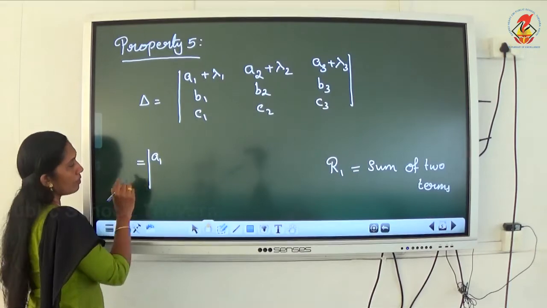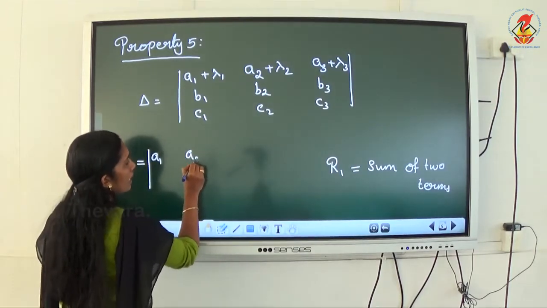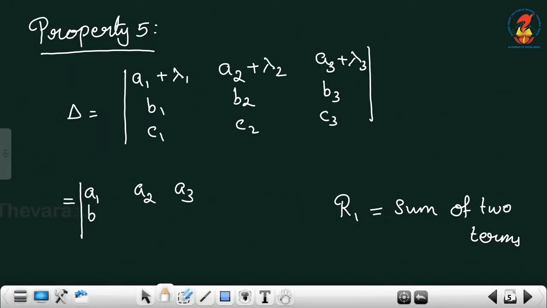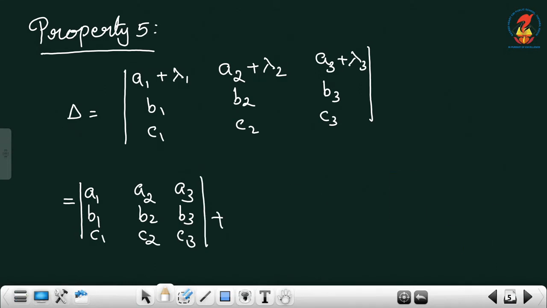A1, A2, A3, B1, B2, B3, C1, C2, C3 plus, in the first row we have lambda 1. So lambda 1 you have to write here, then lambda 2, then lambda 3.